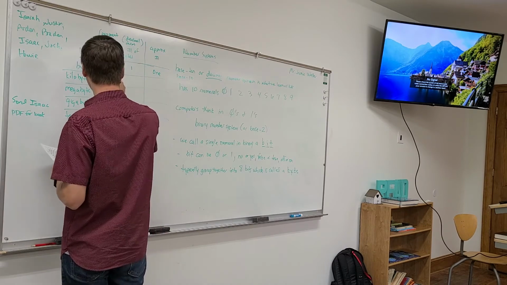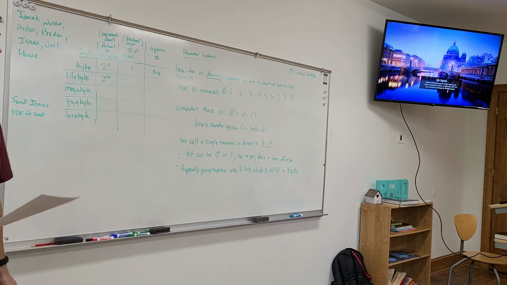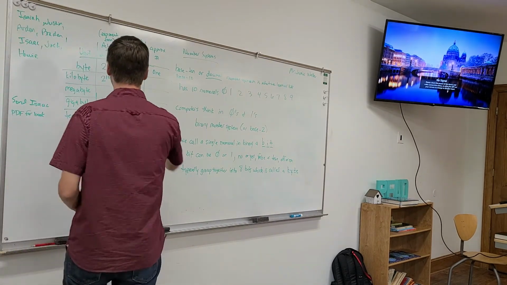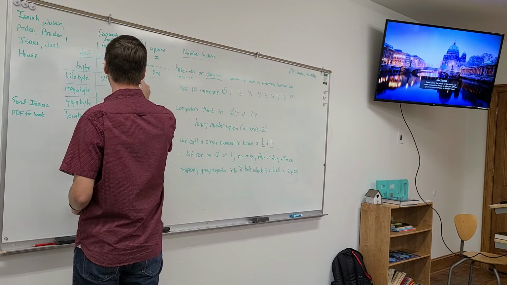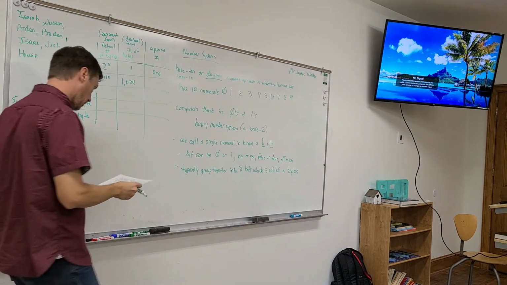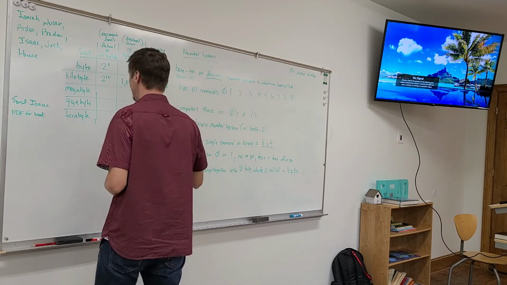For a kilobyte, it's 2 to the 10. So when we talk about a kilobyte, we typically think of kilo as representing 1,000, but in computer terms, it actually represents 1,024 because that's what 2 to the 10 is, right? And so the rough approximation would be 1,000. But that's not actually how many bytes it is.